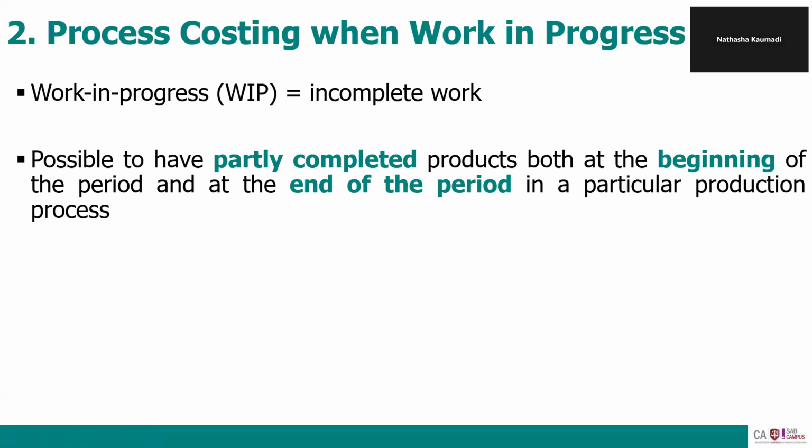Right. So before that, you need to understand what is work in progress, that is WIP, incompleted units. So it is possible to have those incompleted or partly completed products both at the beginning of the period and also the end of the period.